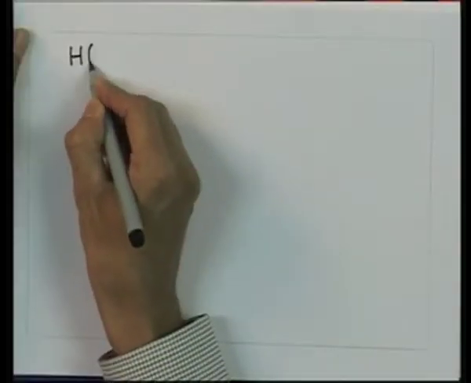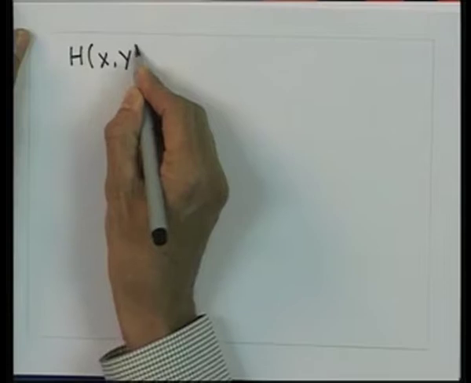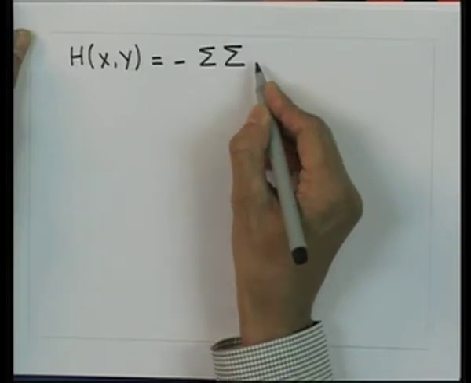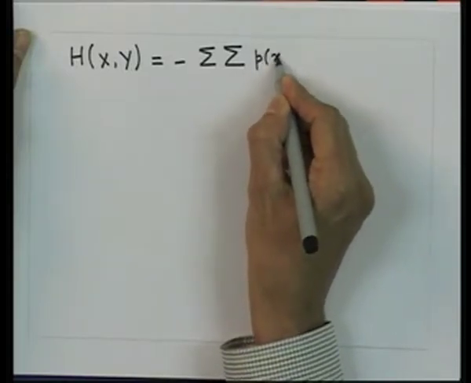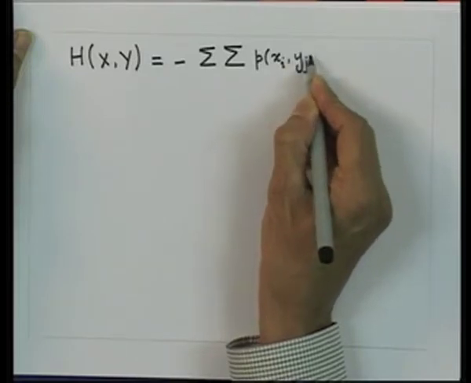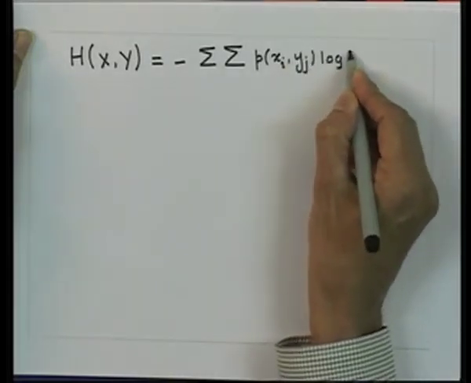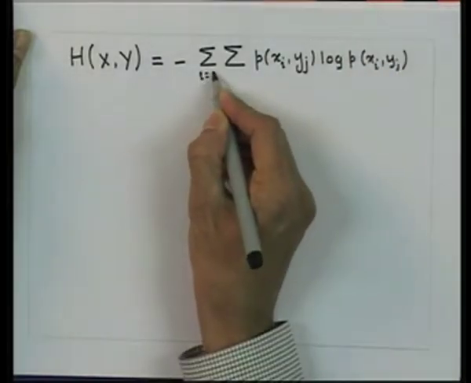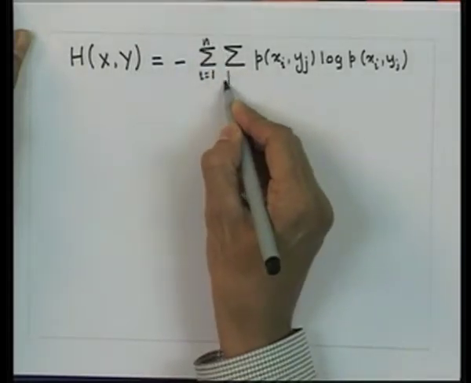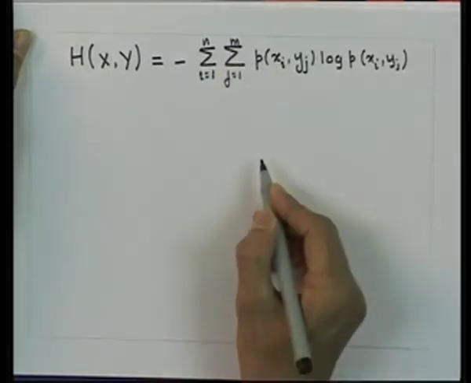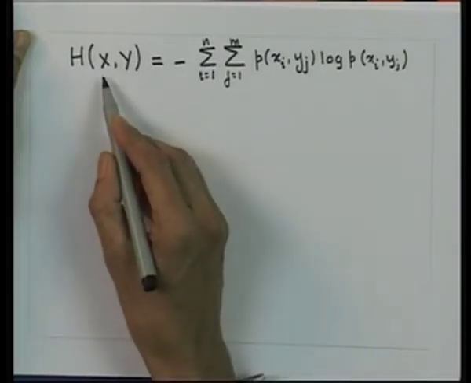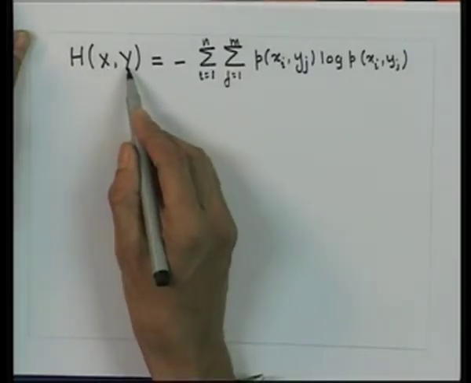The joint information measure was given as h of x, y, summation over i equal to 1 to n, j equal to 1 to m. This was the joint information measure which we defined when we have two events taking place simultaneously and we observe them as one.